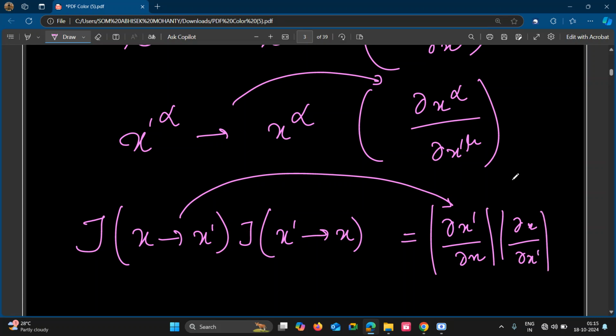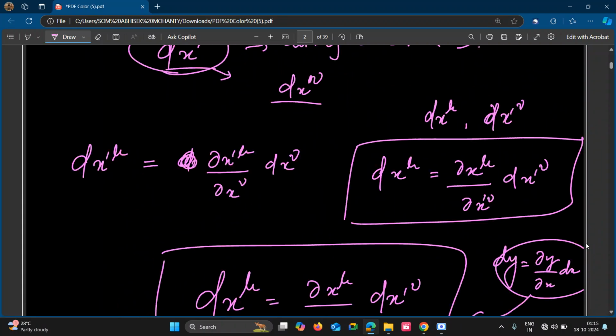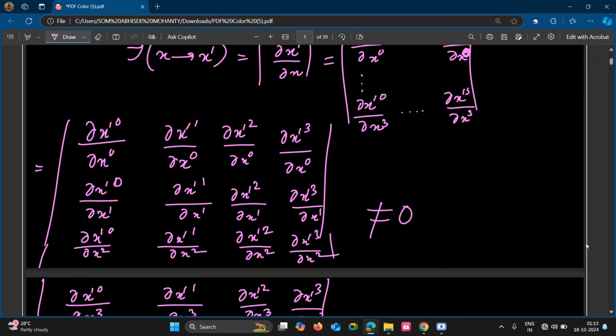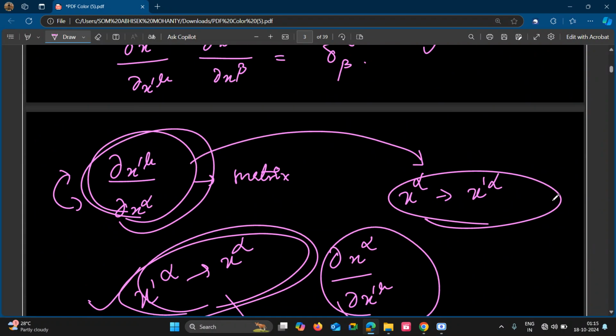Forget the other notations, it's the same kind of thing. So this is giving me 1. It's not giving me 0, it's giving me 1.